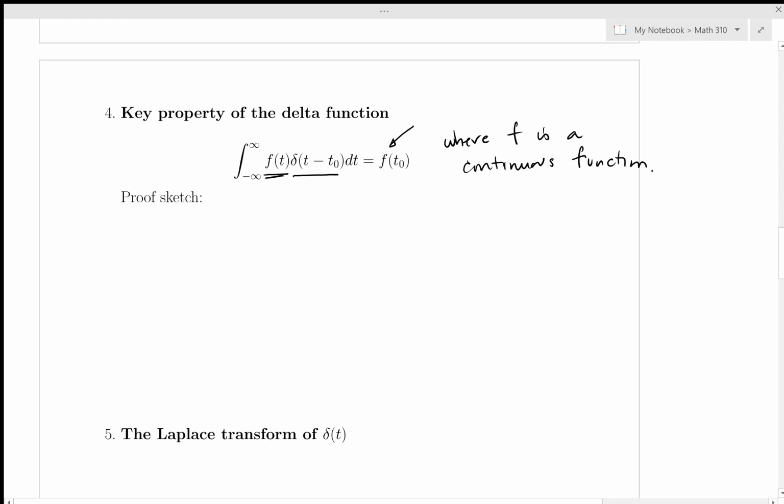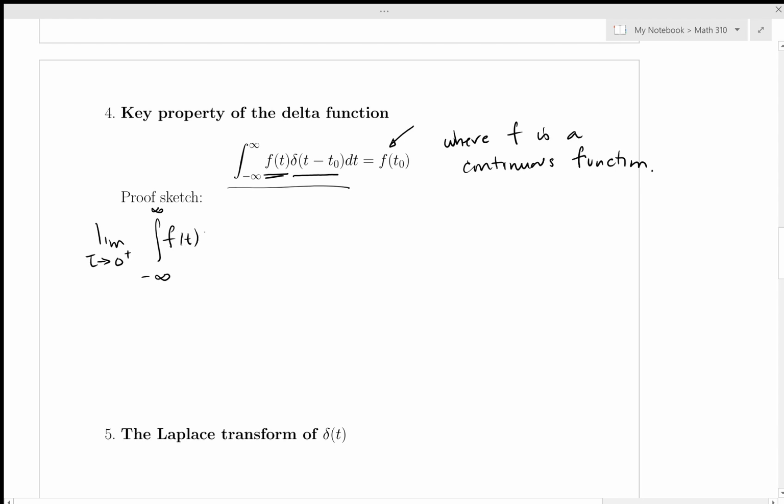Okay, I'm just going to sketch out a bit of a proof and wave my hands around in order to try to convince you of this. So let us take a look at what this integral looks like. Here it is. It's the limit as tau goes to 0 from the right of the integral from minus infinity to infinity of f of t.